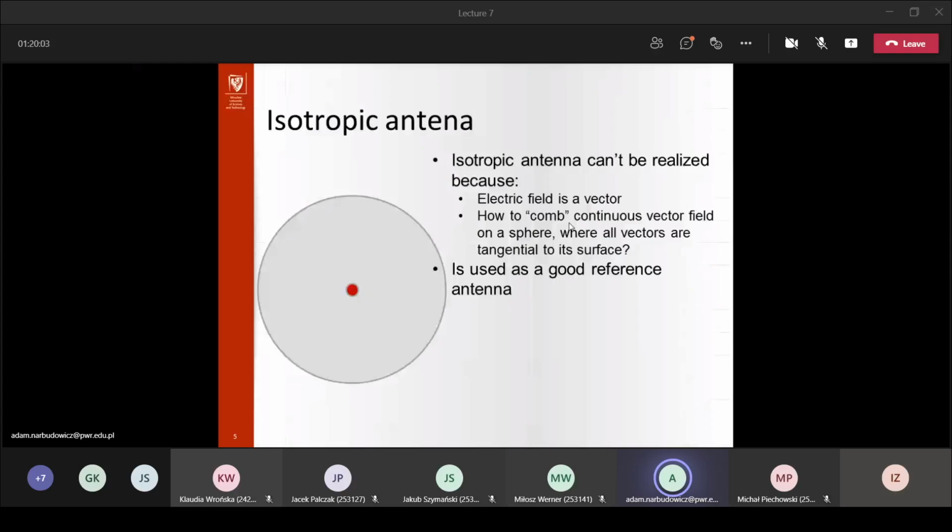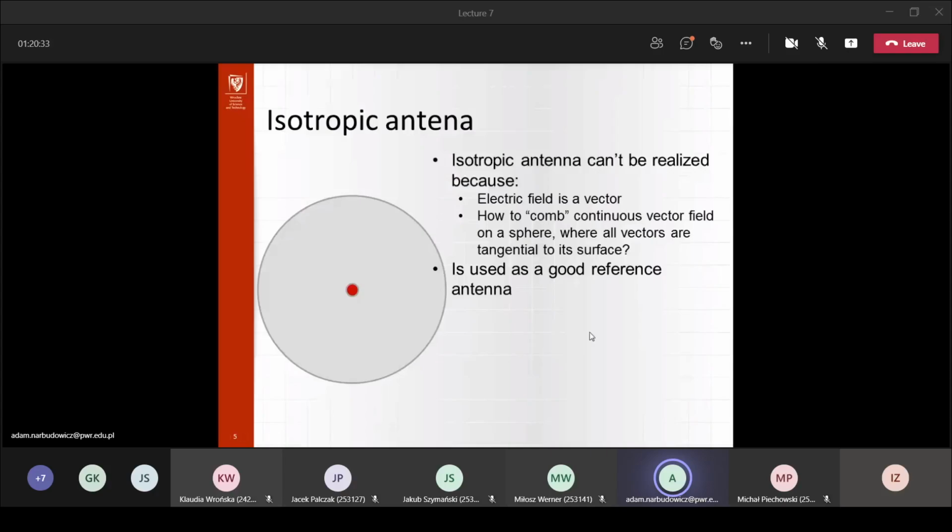This is something like our pole, where, because of negative interference, your amplitude will decrease. So basically you cannot comb vectors on a sphere in a continuous way such that there is no point where two vectors have arrows opposing each other, meaning negative, destructive interference.